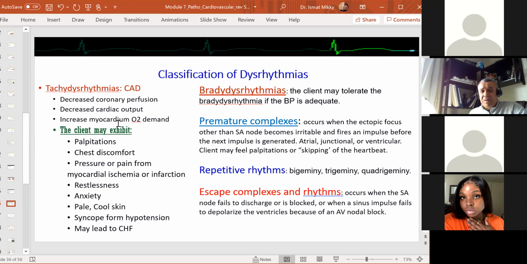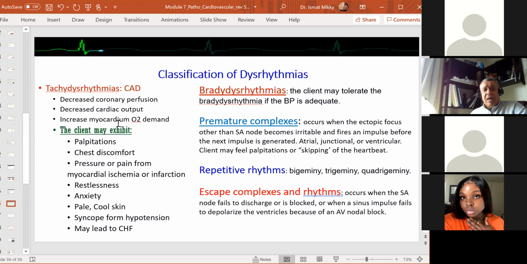VTach, VFib, and other dysrhythmias would be repetitive rhythms like bigeminy and trigeminy, like when you have two PVCs or three PVCs running next to each other, in which the same dysrhythmia is being repeated one after the other.